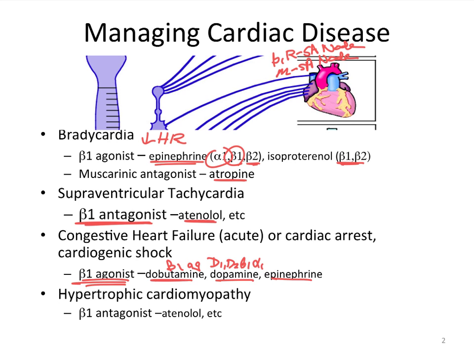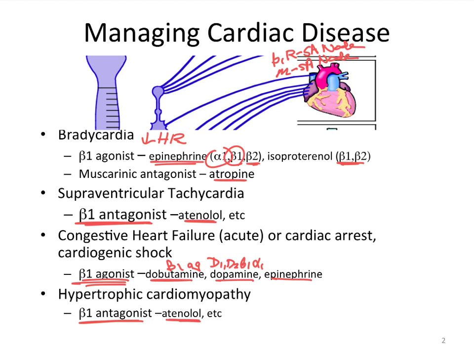What about hypertrophic cardiomyopathy? The situation where you have gross enlargement and thickening of the ventricles. This is a chronic condition, something we see predominantly in cats. We use beta 1 antagonists in this situation, such as atenolol, with the idea that there's some autonomic component that originally initiated the problem, and the ability to take these very stiff hearts and slow them down allows them to function and leads to greater beat-to-beat cardiac output.